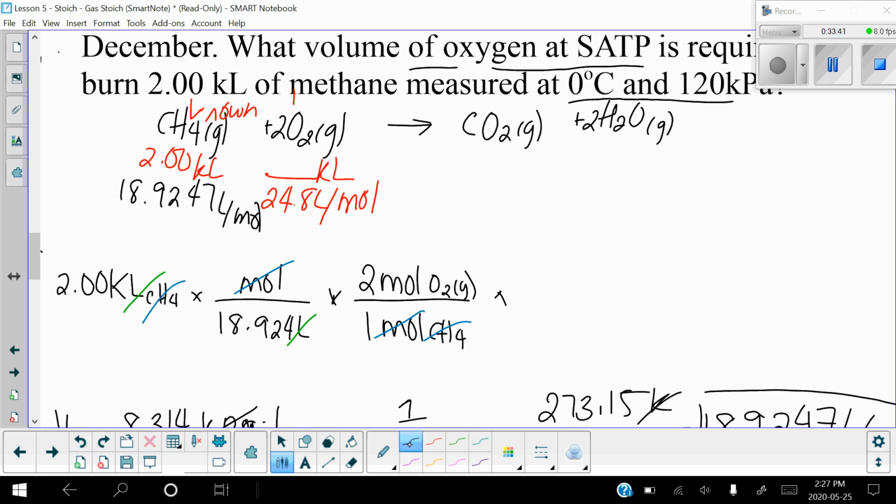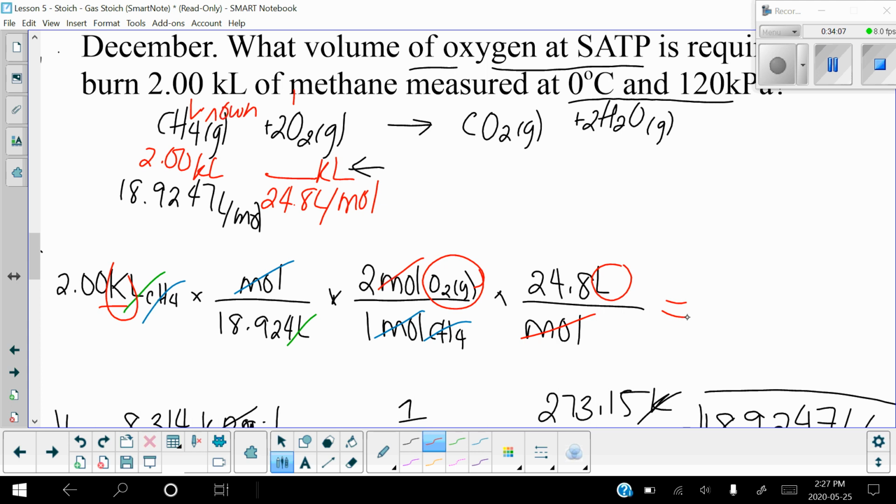Okay, so we are looking for liters of our oxygen, and that was at SATP conditions. So we are going to use our molar volume, 24.8 liters per mole. Mole cancels out with moles, and we are left with kiloliters of oxygen.